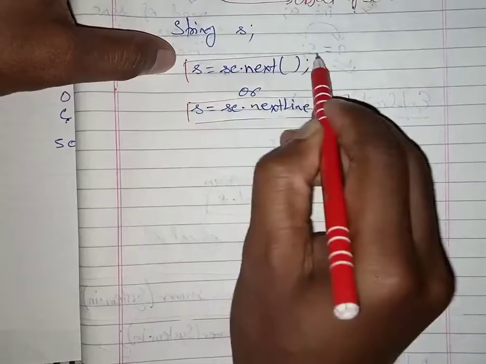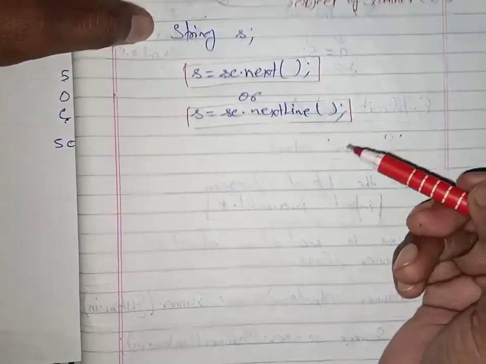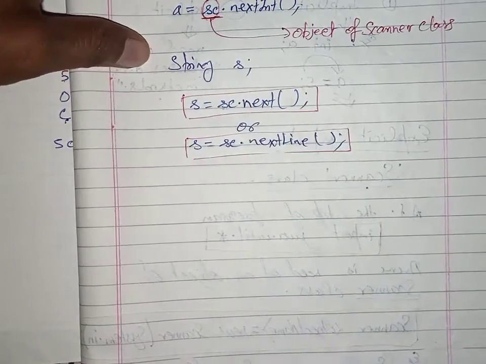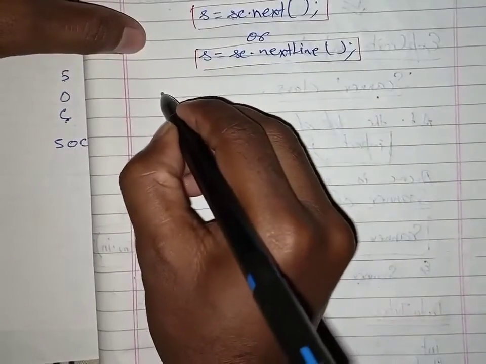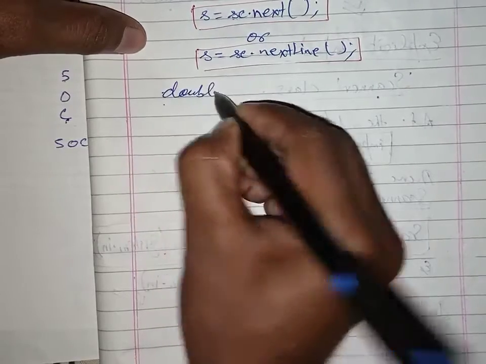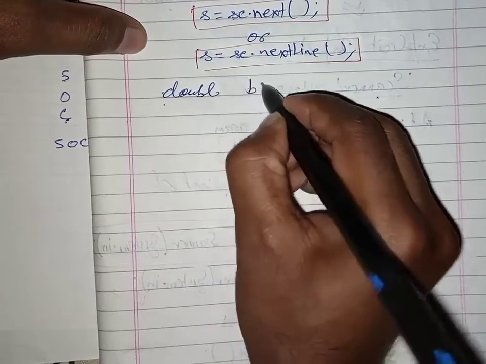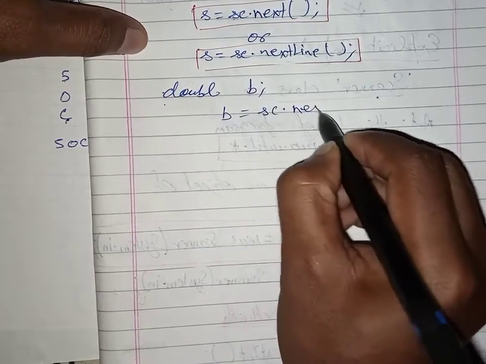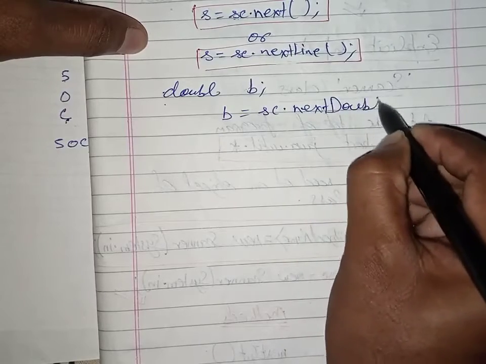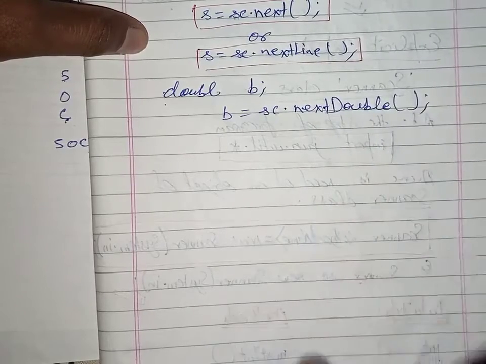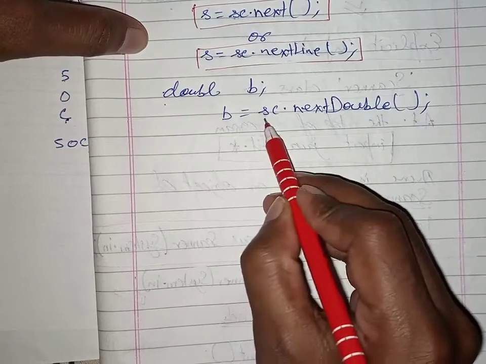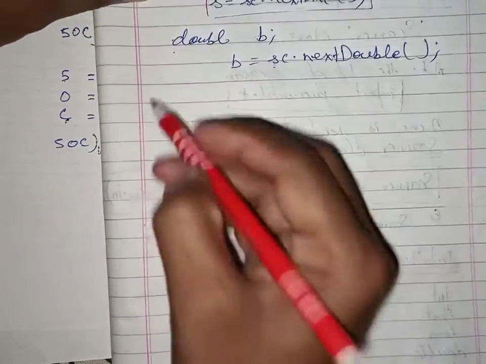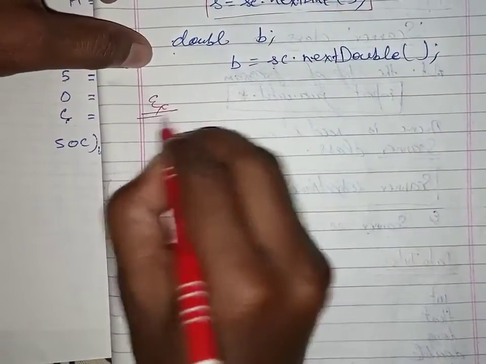This or this for string. Suppose if we have double, suppose I am taking a variable b, so I can use b is equal to sc dot next double. Here sc is an object. Clear?